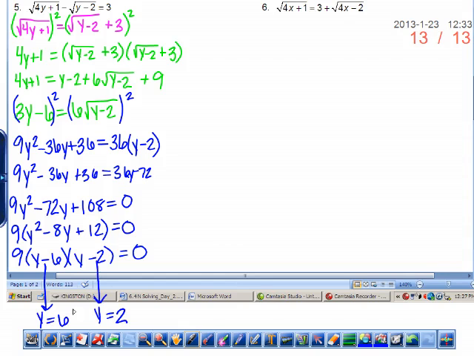So take a sec and check both of those answers. What do you notice? They both work.